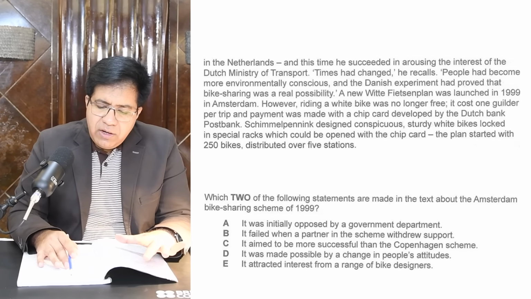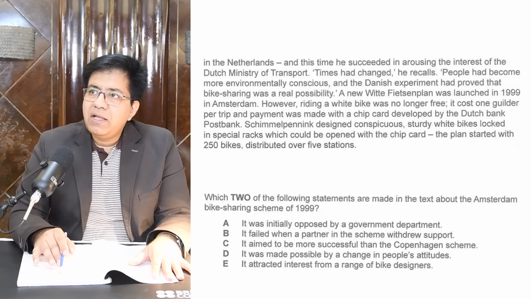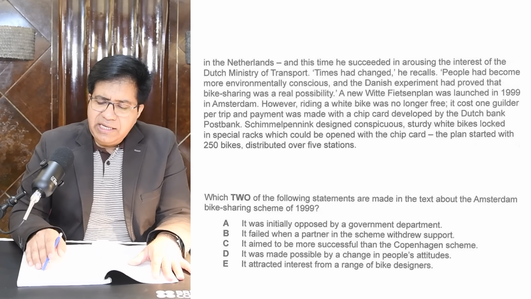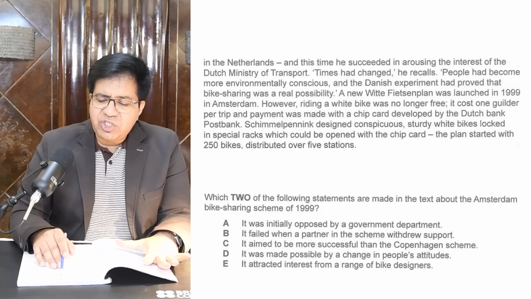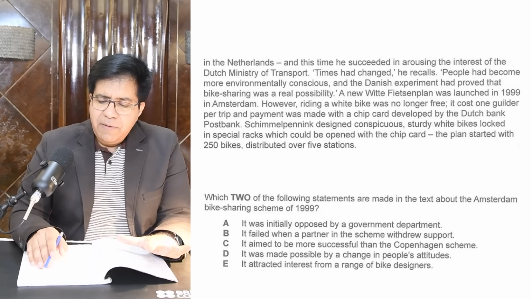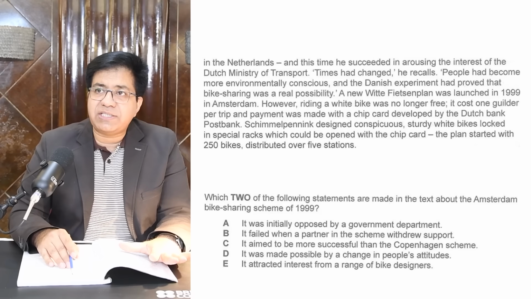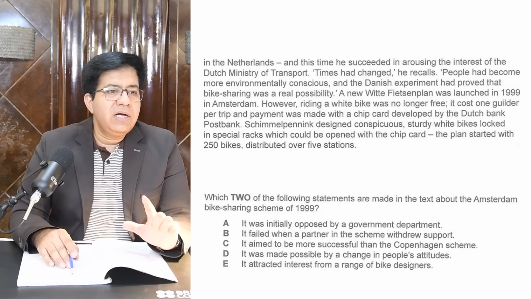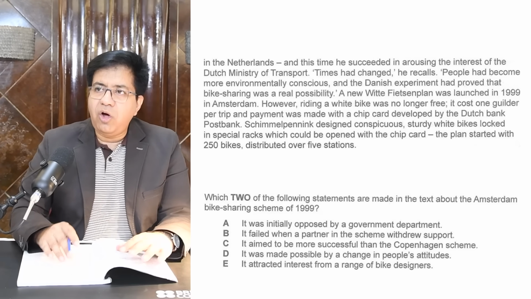They say here, this time he succeeded in arousing the interest of the Dutch Ministry of Transport. Times had changed, he recalls. People had become more environmentally conscious. Now, this is one point he is making. What is the point? Times had changed. People had become more environmentally conscious.